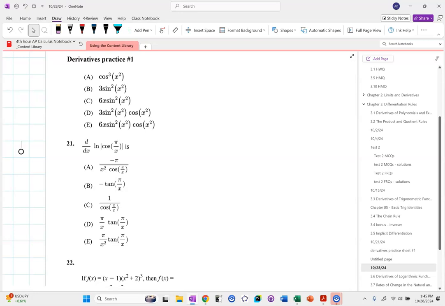So the thing that sticks out to me right away that I'm a little bit concerned with are the absolute values. What do you think the absolute value is really there for, though? To make sure it's positive. Why would that be important? Because I can't take the natural log of a non-positive, right?